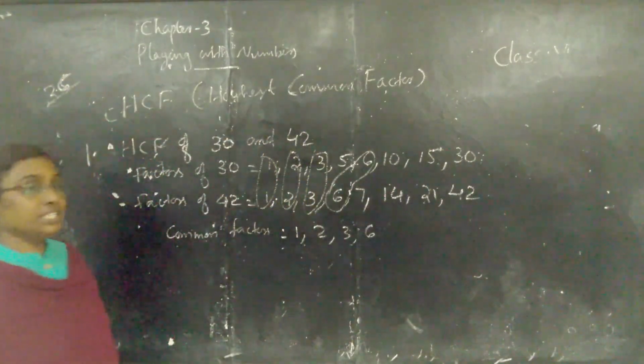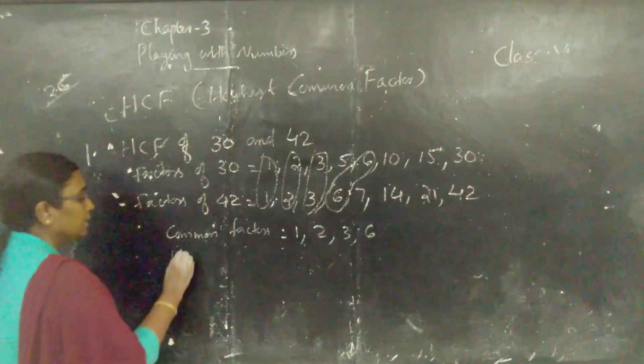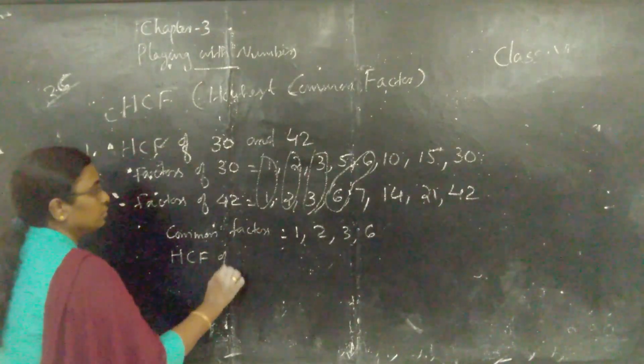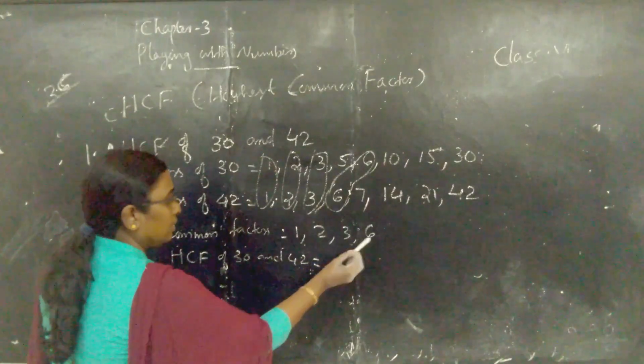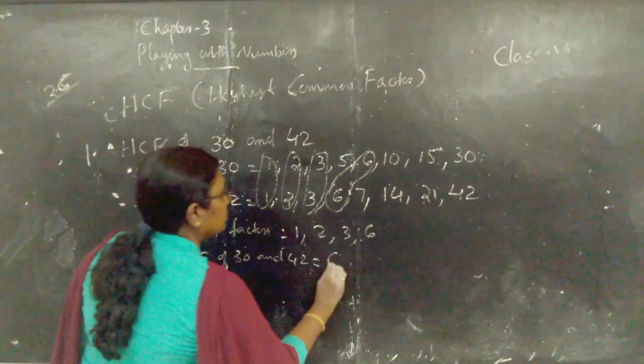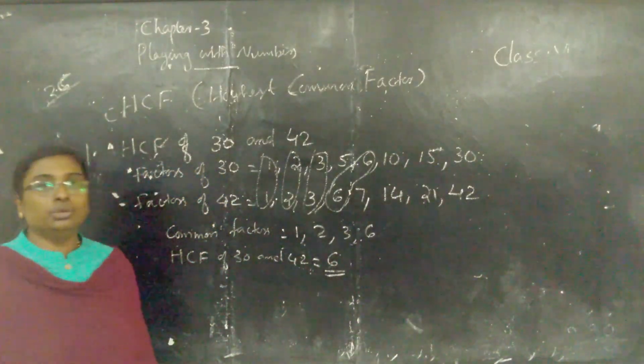Then find the highest among these common factors. That is the HCF. HCF of 30 and 42 equals 6.